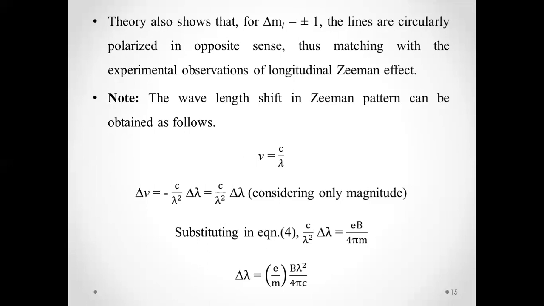Substituting this in equation 4, we get c by lambda square into delta lambda as equal to eB divided by 4 pi m. Hence, delta lambda is equal to e by m into B lambda square divided by 4 pi into c.